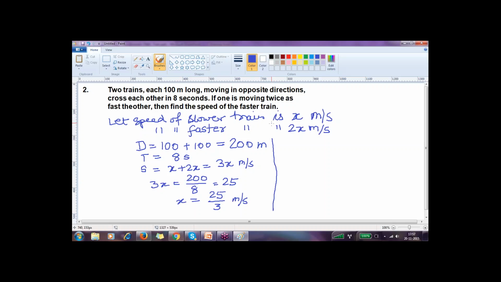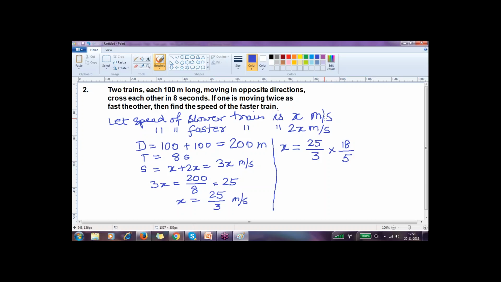Let's convert this into kilometers per hour. What will I do? X is equal to, now I am converting it to kilometers per hour, so it will be 25 divided by 3 into 18 by 5. When you convert from kilometers per hour to meters per second, you multiply by 5 by 18.